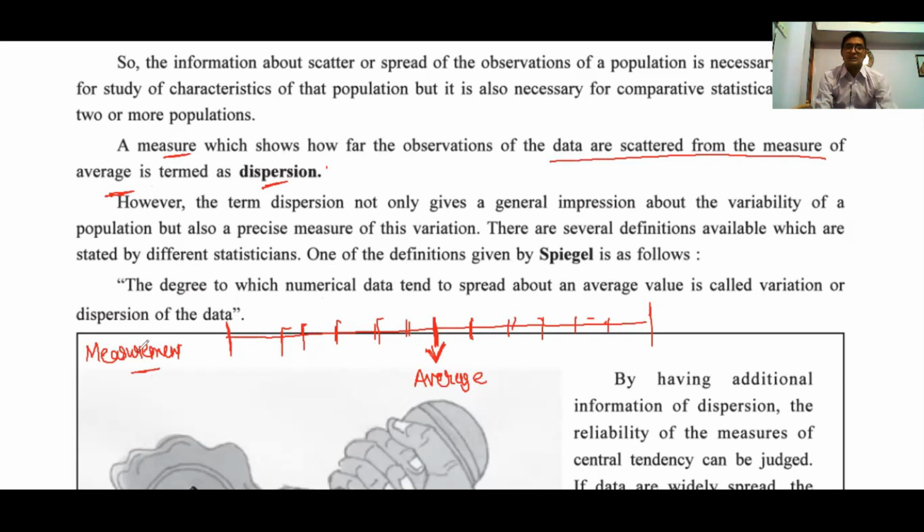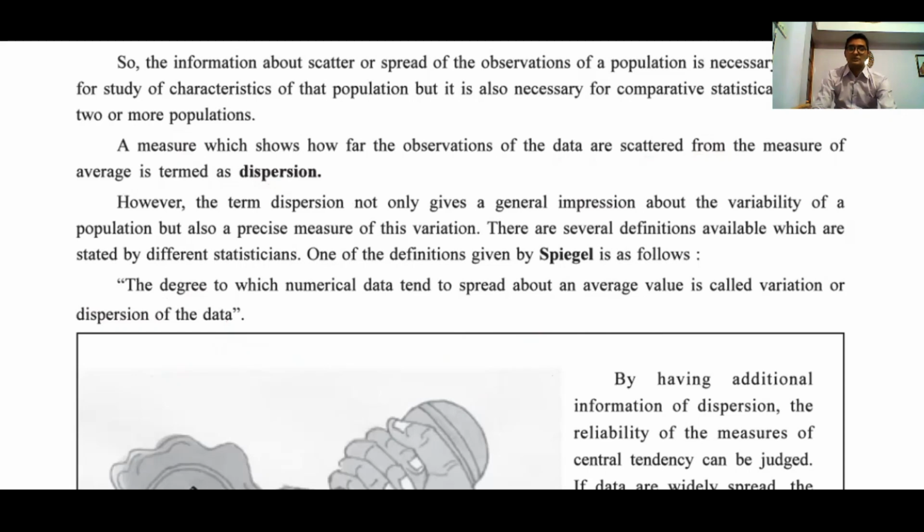That is called dispersion. In a simple way, it is the variation of data scattered from the measures of average, and such a measurement tool or technique we call dispersion. This is the main meaning of dispersion.